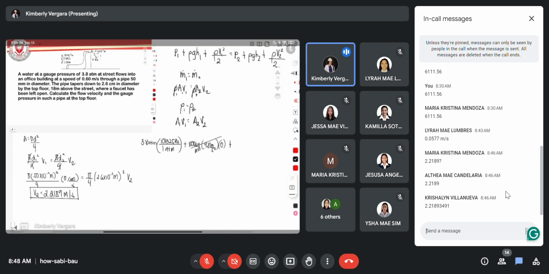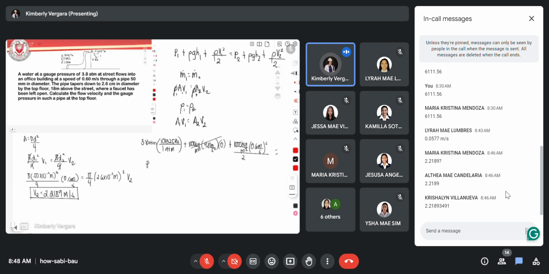Plus rho, 1000 kilogram per meter cube times V1, which is 0.6 meters per second, squared, all over by 2, equals P2.